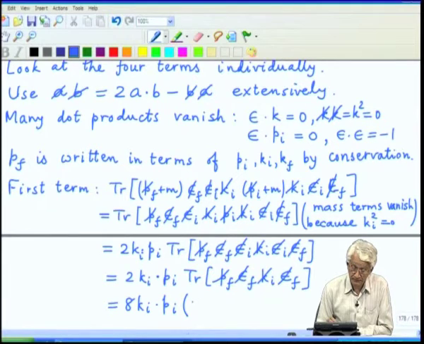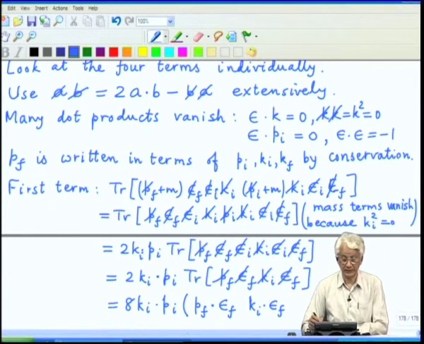p f dotted with epsilon f, and then the other two produce their own dot product, that is k I dotted with epsilon f. So, this is one term.